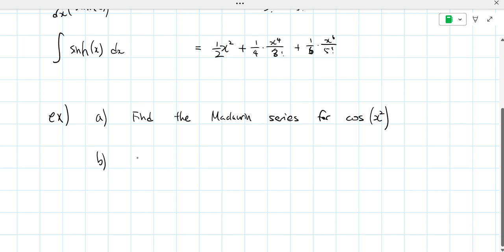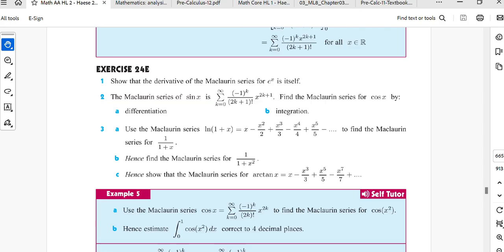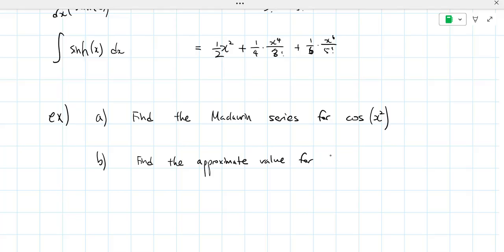Then find the approximate value for the integration of cosine of x squared from 0 to 1.